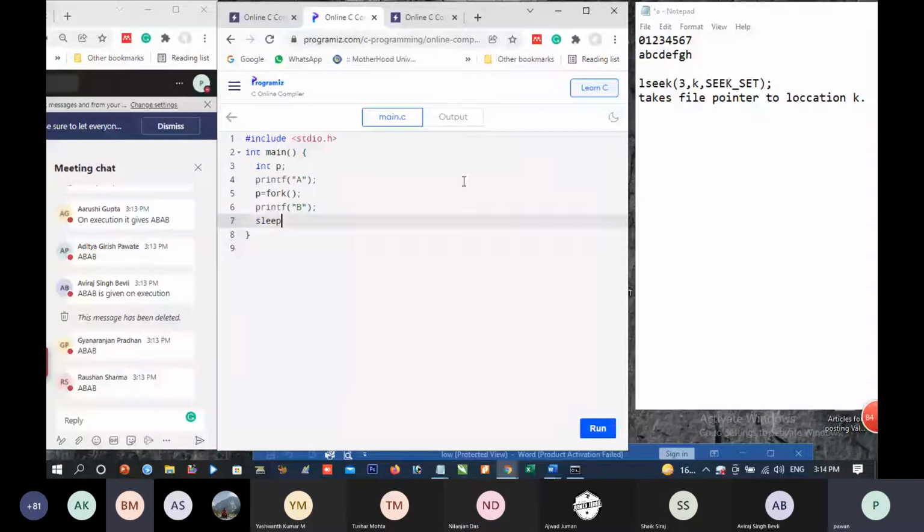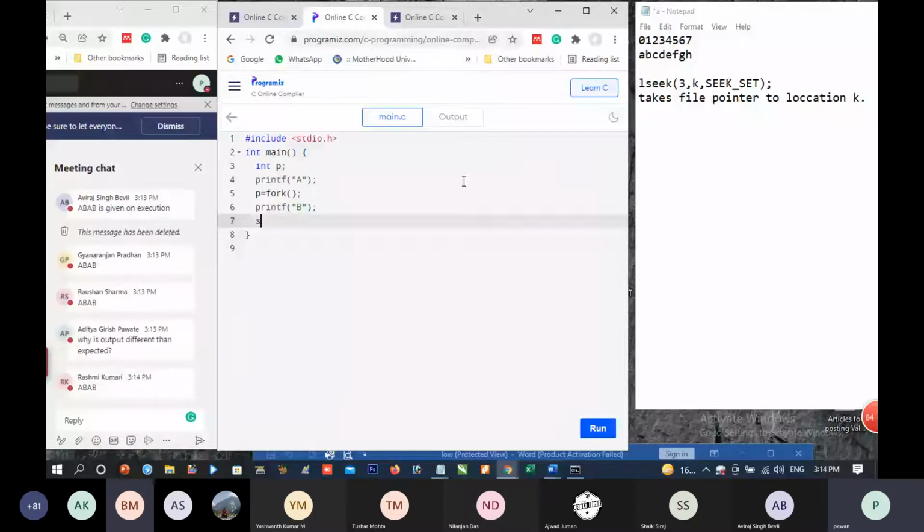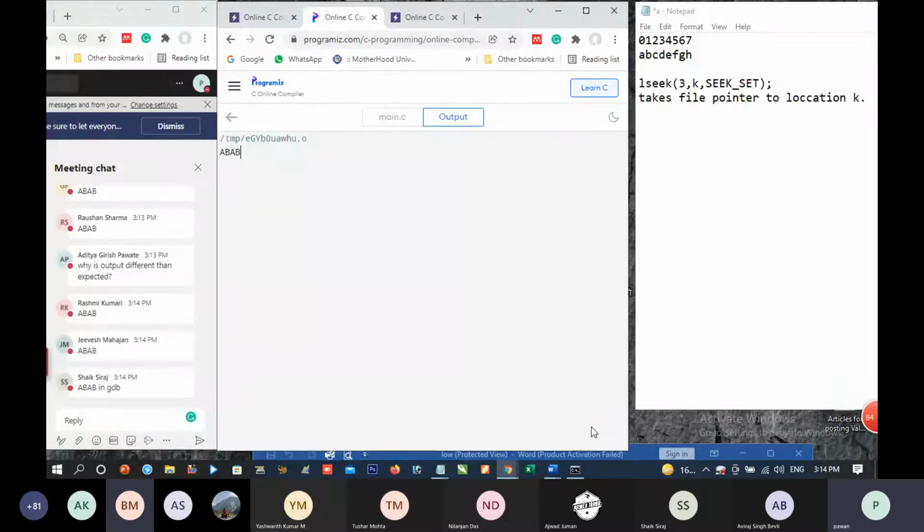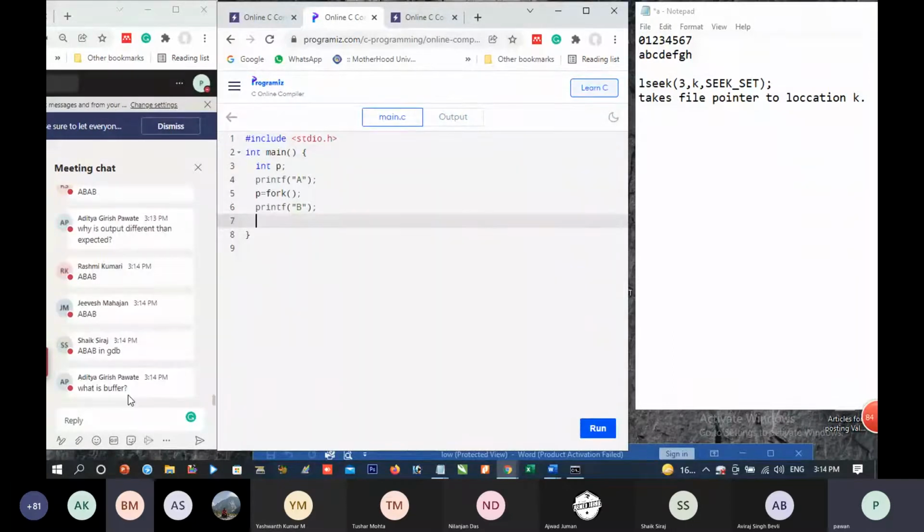You use this program editor. Yes, because of the buffer. Let us execute it. The reason is this. And in GDB only AB can also come.